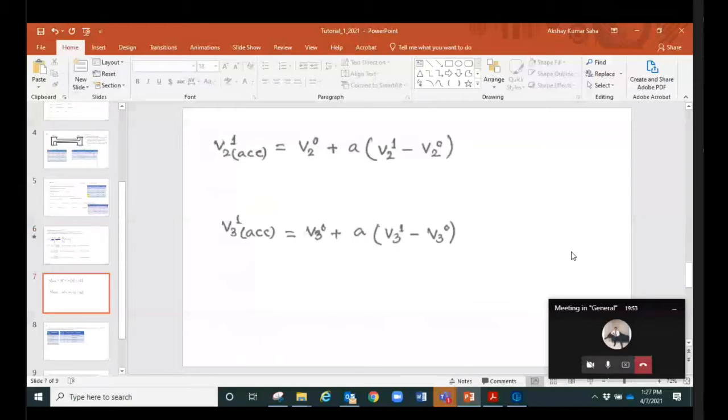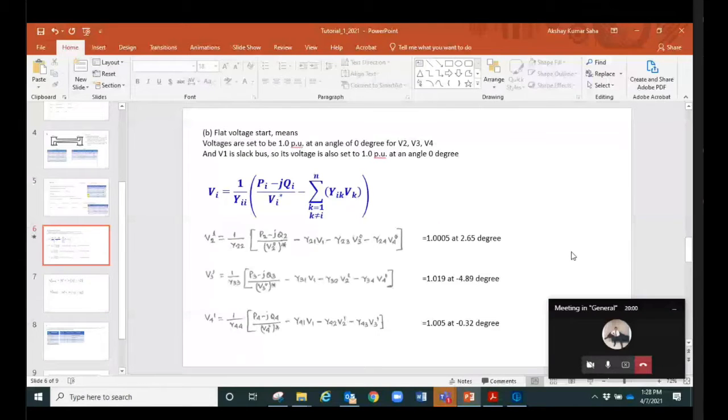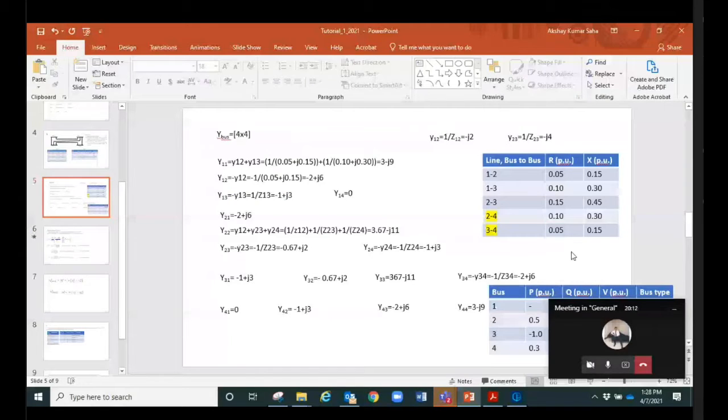I said I made a mistake with the Y22 value. Y22 is actually 3.667 minus J11. That's right. Yeah, I used 0.67. I don't know where I got that value from. You see here 3.67 minus J11. It should be correct now.